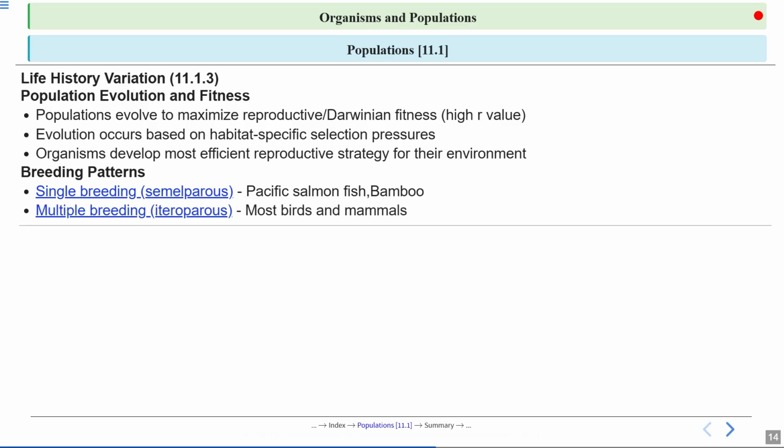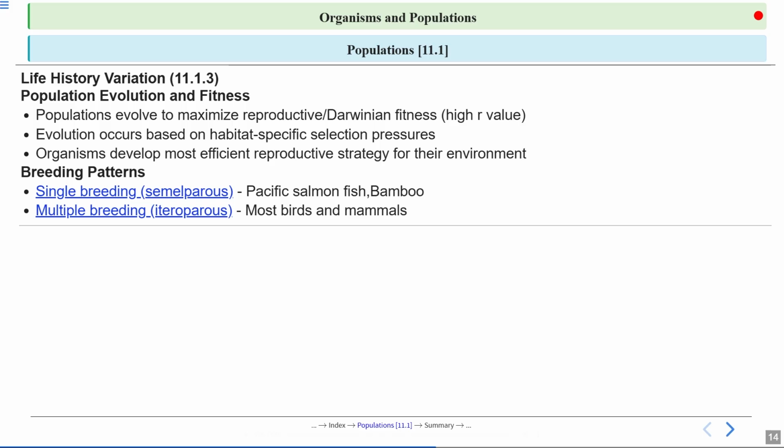Now, the second one is iteroparous, which is the multiple breeding strategy. Here the organism breeds multiple times, but produces fewer offspring. Examples are mice, birds, and mammals. This strategy allows them to spread the risk over several reproductive events because they are breeding multiple times, and this can be advantageous in a stable environment.